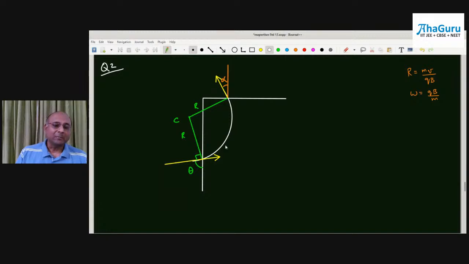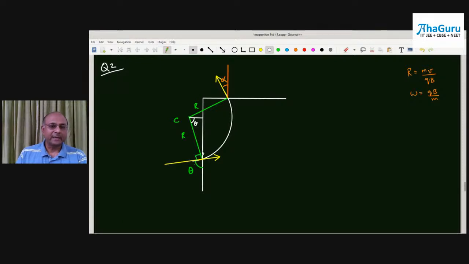Okay. So let us think about how to solve this. Well, if this angle is theta, this is 90. This is 90 minus theta. So if I draw a perpendicular like this, this angle is theta. Okay, so let us just draw it better. If I draw a perpendicular like this, then this angle is theta. So I hope that is clear.